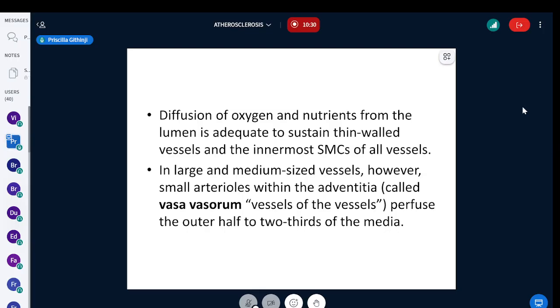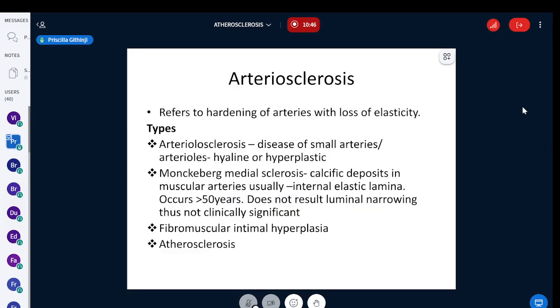So if you have thick blood vessels, you also require other blood vessels to perfuse them so that they can have enough nutrients and oxygen. And those blood vessels are called vasa vasorum.